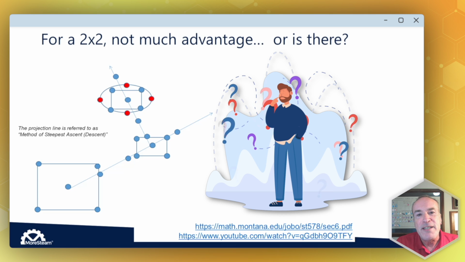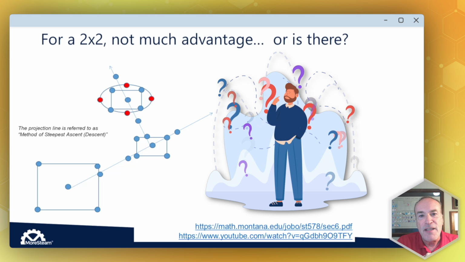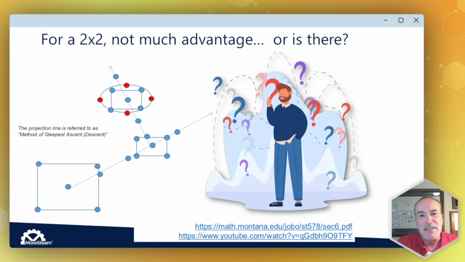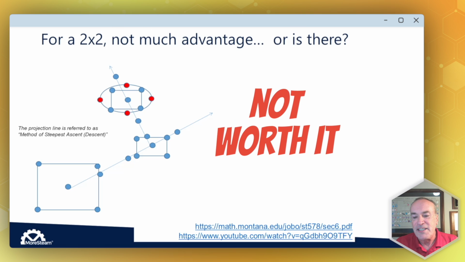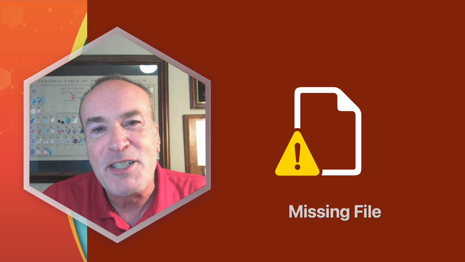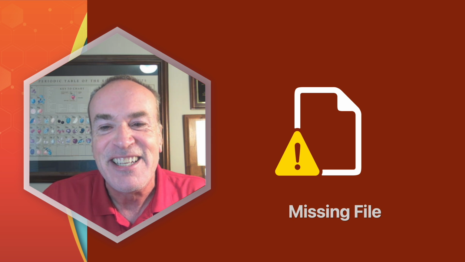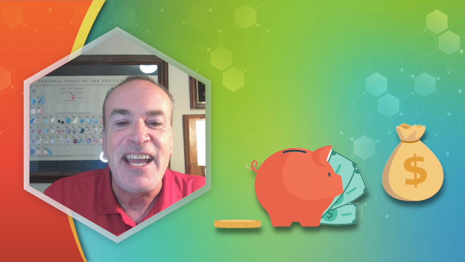Think about all the wasted energy you had mapping out that first designed experiment. Not worth it. Hopefully that helped. You might have to watch this video a couple of times to fully appreciate everything, but it saves you a lot of money at the end of the day.